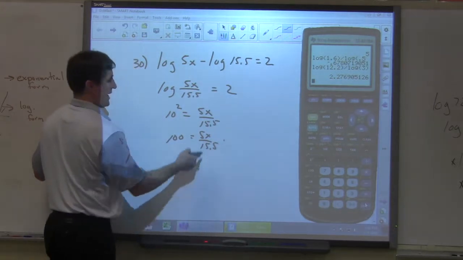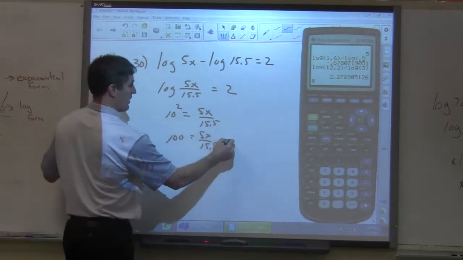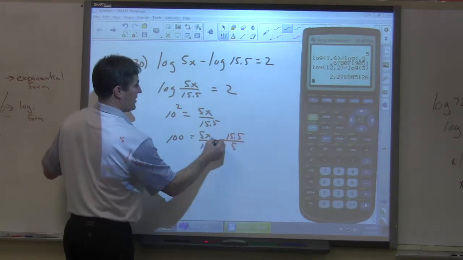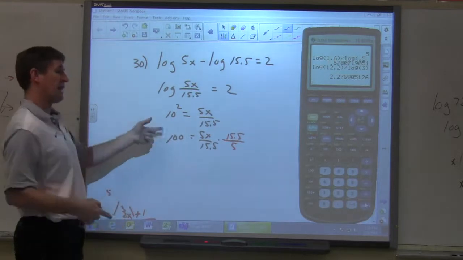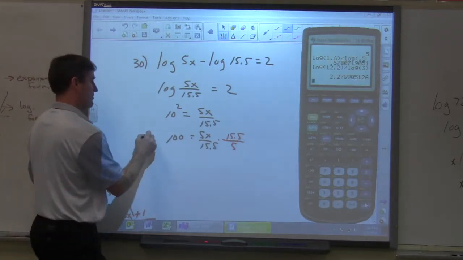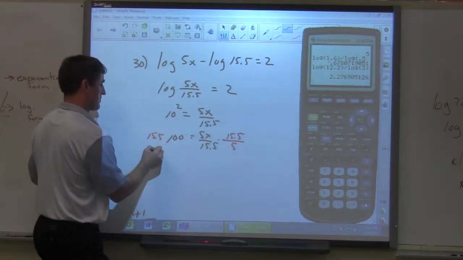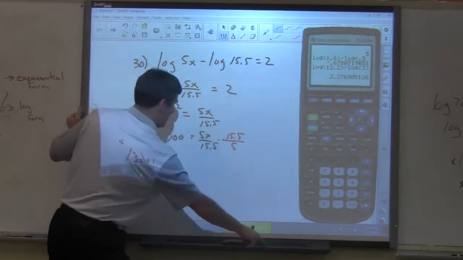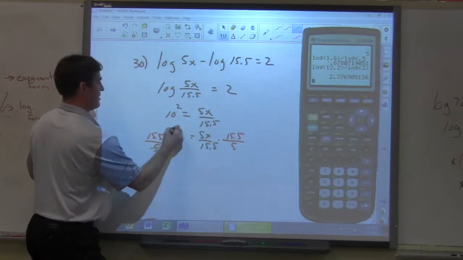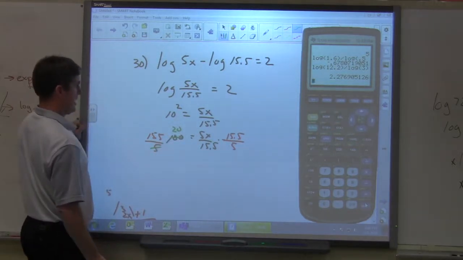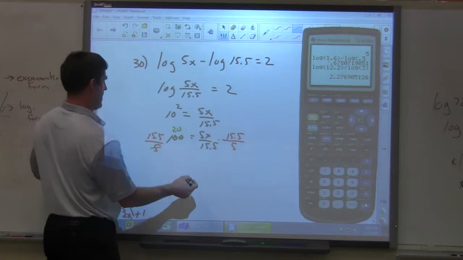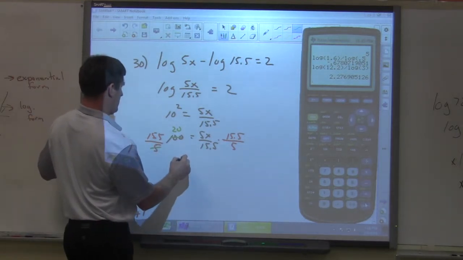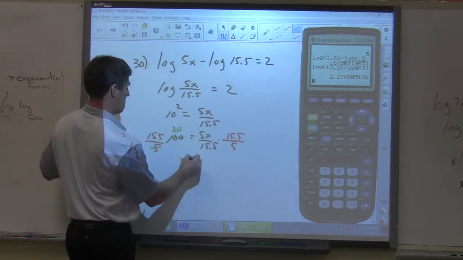Multiply. I like to do this since it's a fraction, just multiply by the reciprocal. You could multiply by 15.5 and then divide by 5, get the same answer. So 5 goes into 100 20 times, and 20 times 15.5, 310.